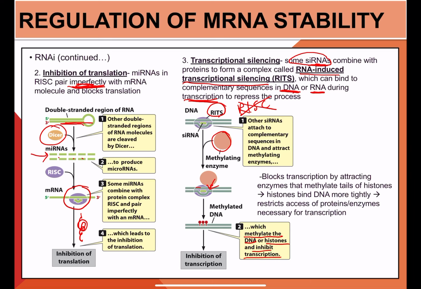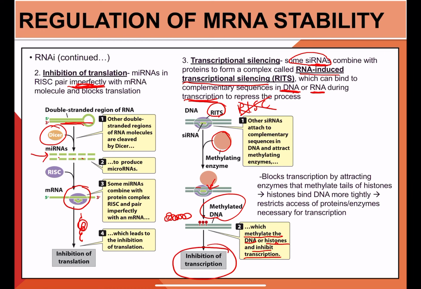If it methylates DNA, we already know methylated DNA will result in gene repression. If it methylates a histone, in this case it will make the DNA coil tighter around those histones, and hence both end up inhibiting or blocking transcription from happening.